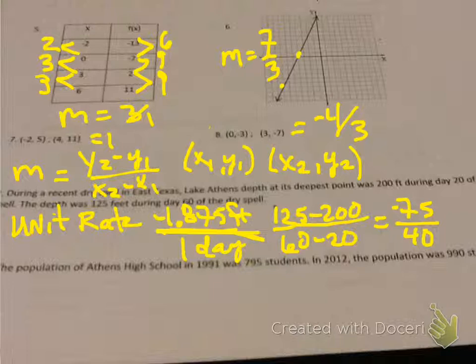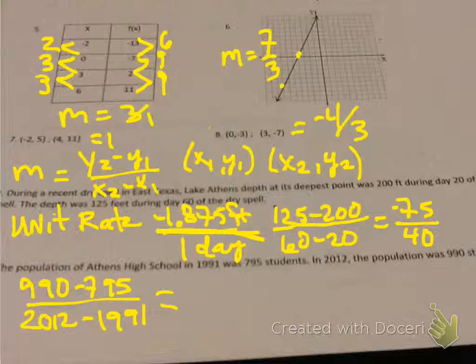The population of Athens High School. We look at this and say 990 minus 795, and then 2012 minus 1991. When you do this, I believe you get 195 over 21.